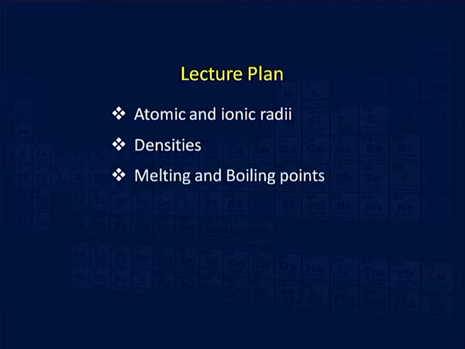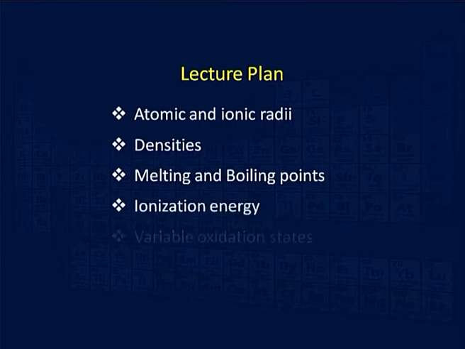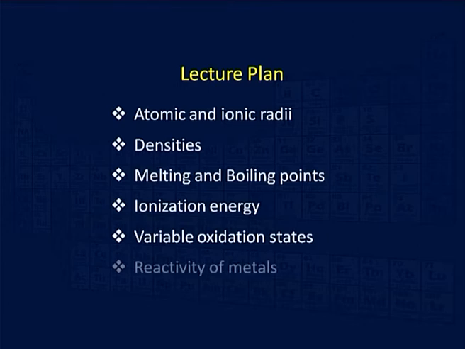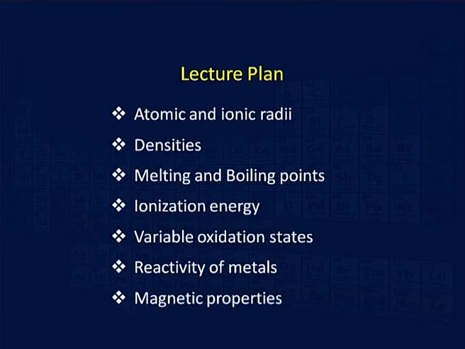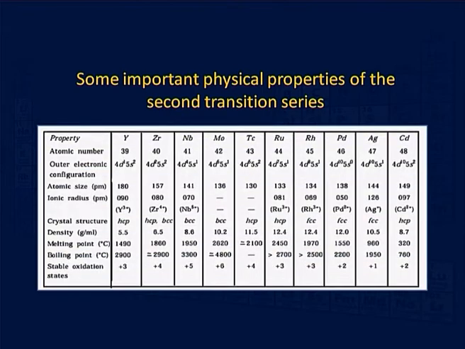We will also have a look at the melting and boiling points of these metals, ionization energy and the variable oxidation states possessed by second and third row transition metals. At the end of the lecture, I am going to introduce to you the reactivity and magnetic properties of these transition metals.